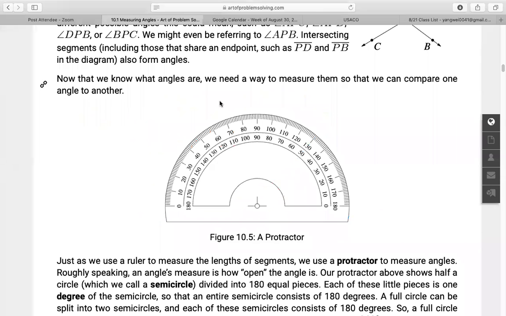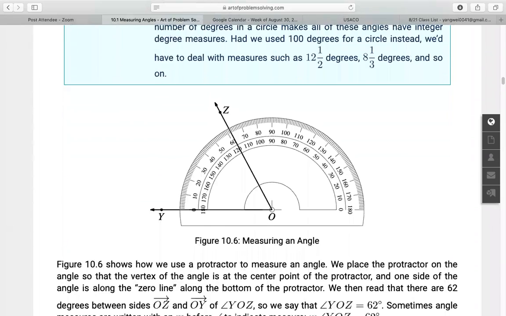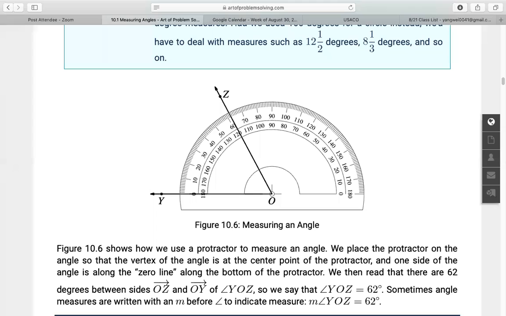Now you already learned how to use it. Let's see this. How big is this angle? Julia, can you tell me how big is angle YOZ? 62 degrees.